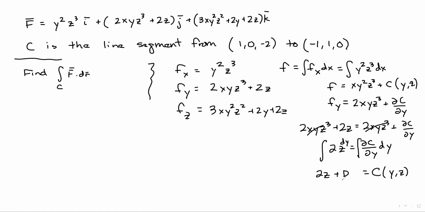What stuff could we have here whose derivative would go away if we differentiated with respect to y? Well, not y stuff, right? If we had y stuff here and we differentiate it with respect to y, it should still be there. So not y stuff. We could have z stuff, right? You could have a plus 5z here.